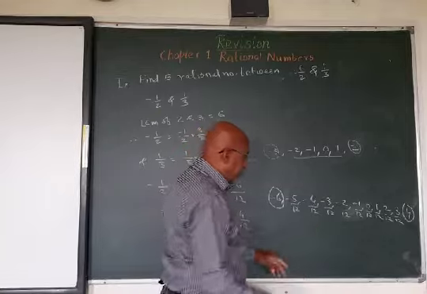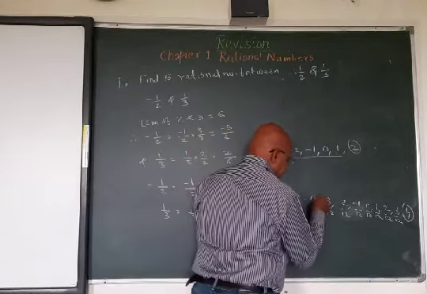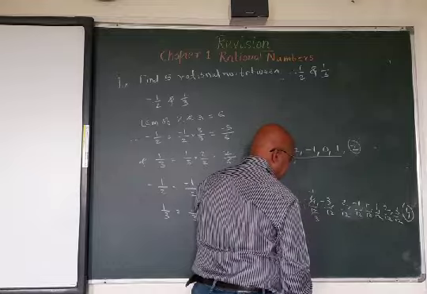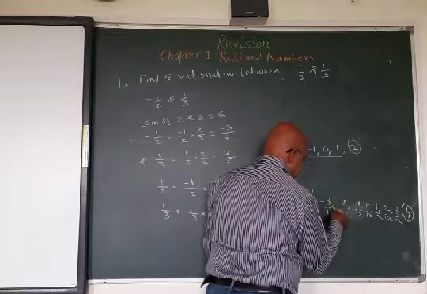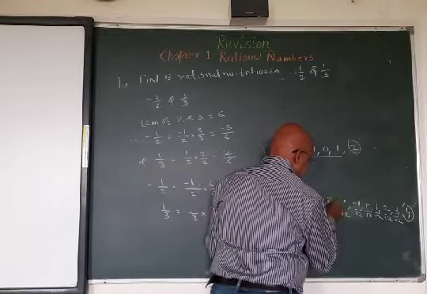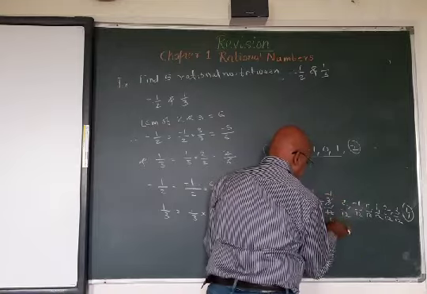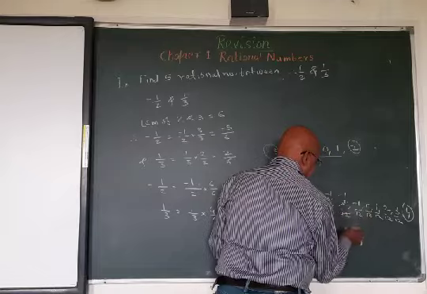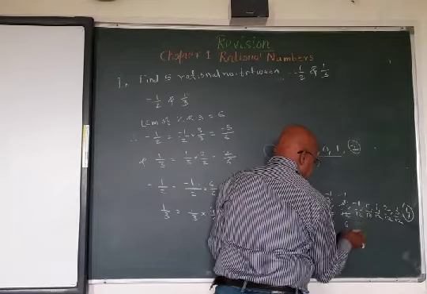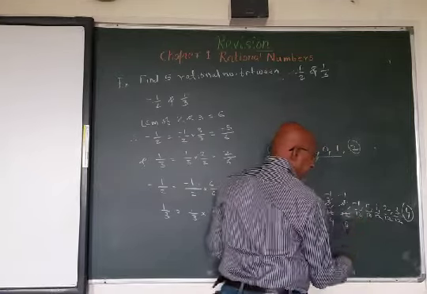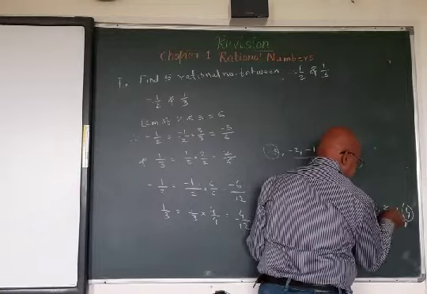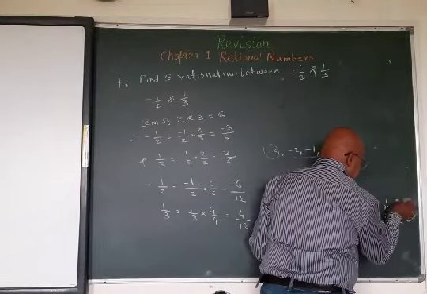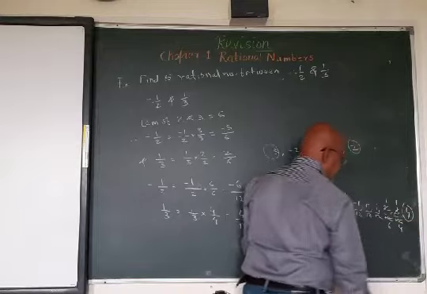Now you can reduce them. For example, here you get minus 1 upon 3, here you get minus 1 upon 4, here minus 1 upon 6. Here you cannot reduce anything. Here 1 upon 6 and here 1 upon 4.